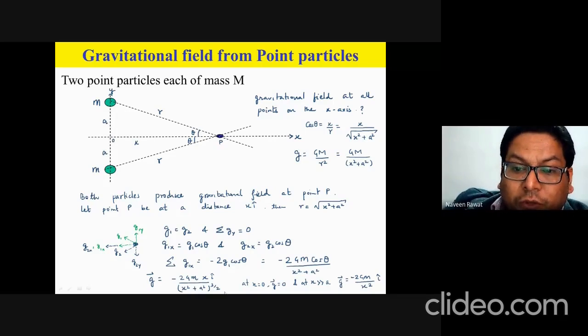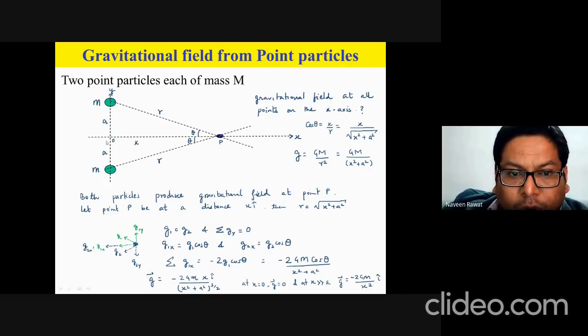Okay, so this is the result we are getting for a gravitational field that is created by 2 point particles of the same mass. And just by symmetry, we are asking what is the value of the field that will be created along this x-axis relative to the position of these two masses.